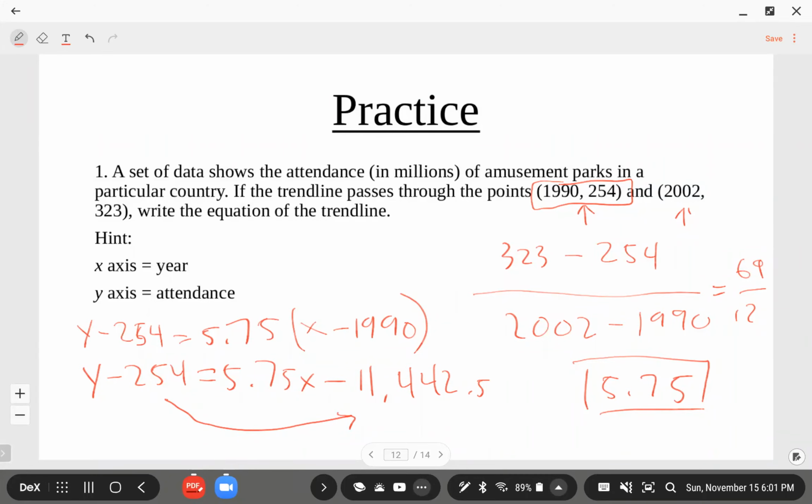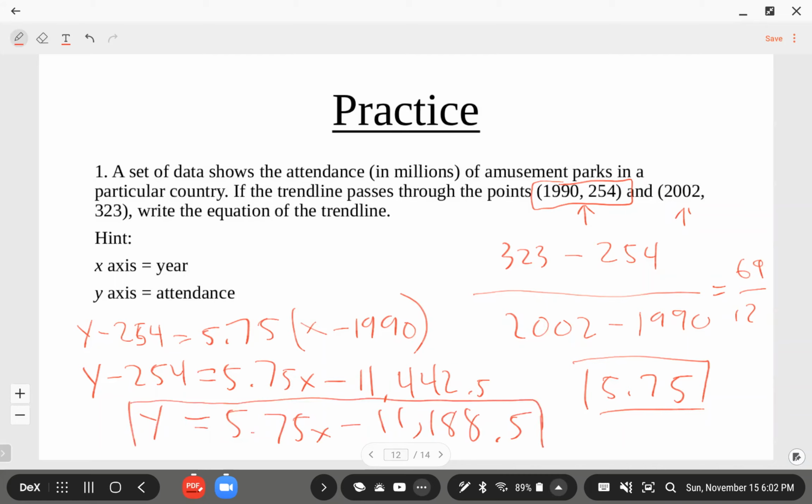So basically, just add 254 to negative 11,442.5, so y equals 5.75x minus 11,188.5. So that is the equation of our line. Very good.